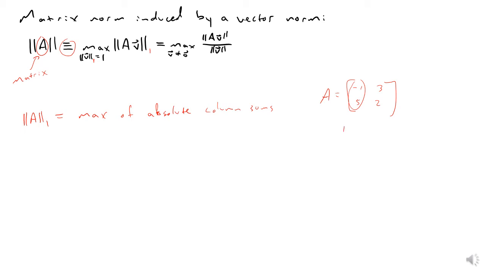So do absolute value of -1 plus absolute value of 5, that's 6, and then do absolute value of 3 plus absolute value of 2, that's 5. So the one norm for this matrix, the norm that's induced by the one norm for vectors, is 6, the max of these two sums.